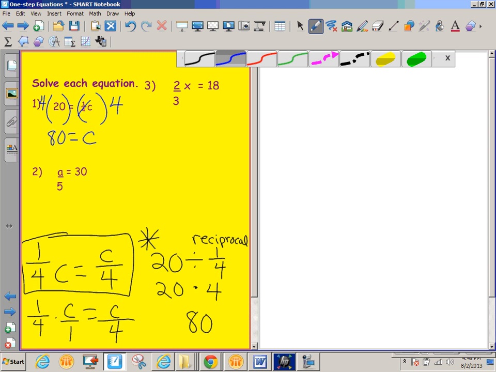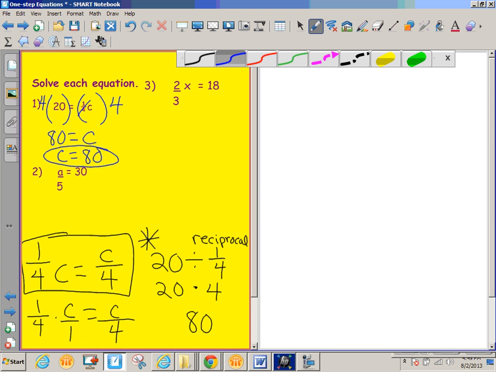The reason that works is because 1/4 times 4 is 1 whole, and so all that's left on the right is a C. So you've heard me say this before. Line up your equal signs and then flip this around so your C is on the left and your final answer of 80 then is on the right.